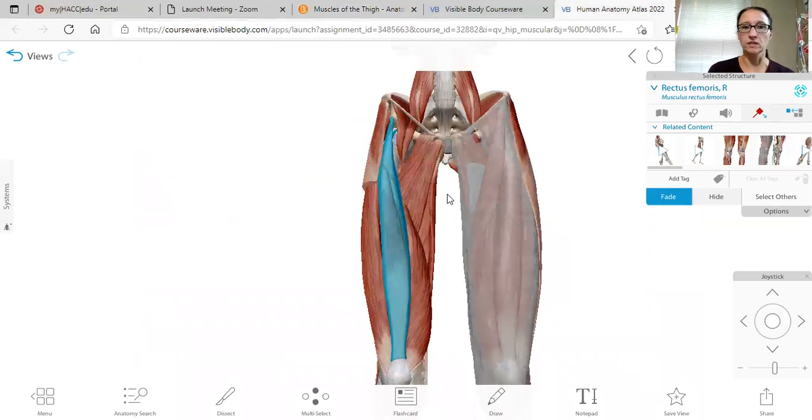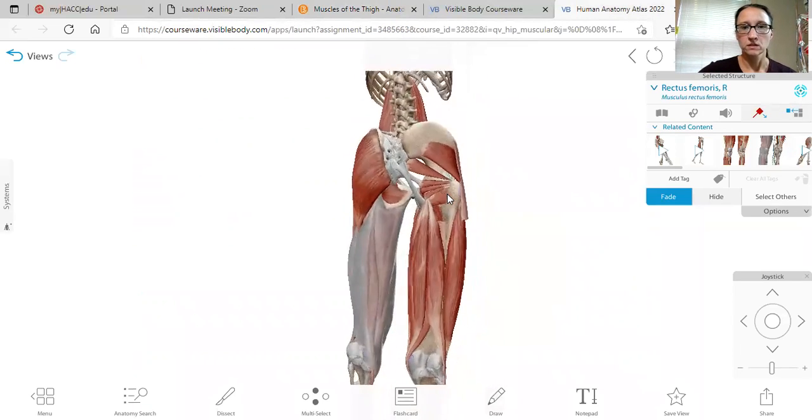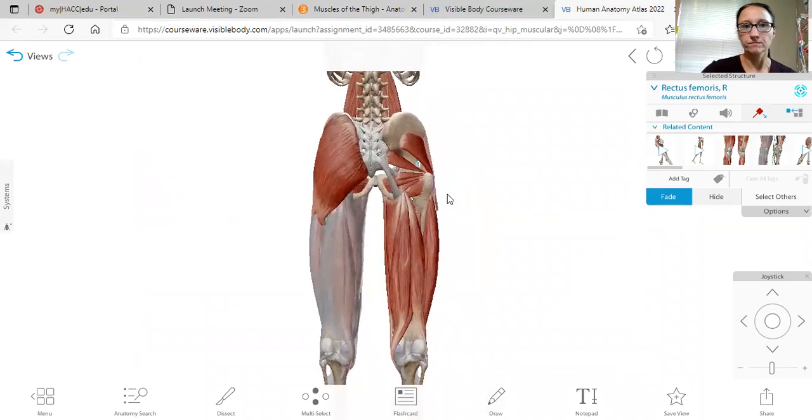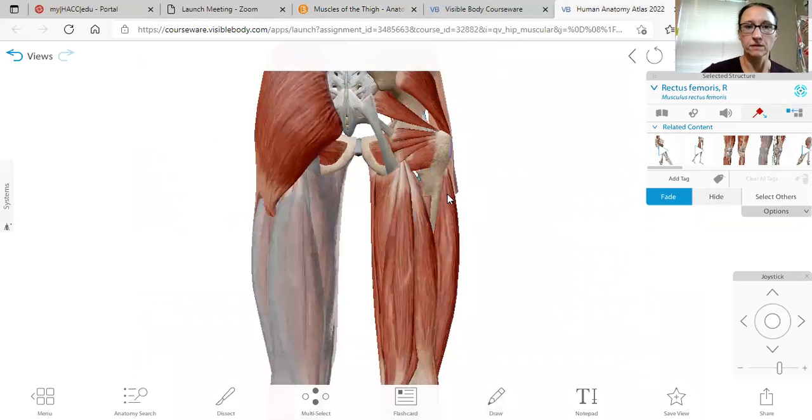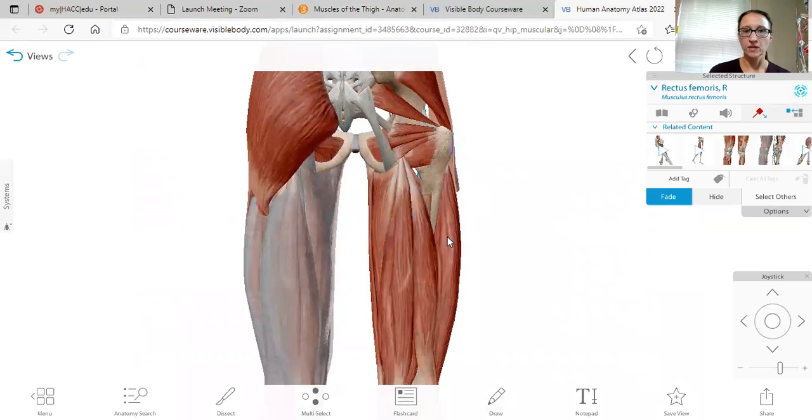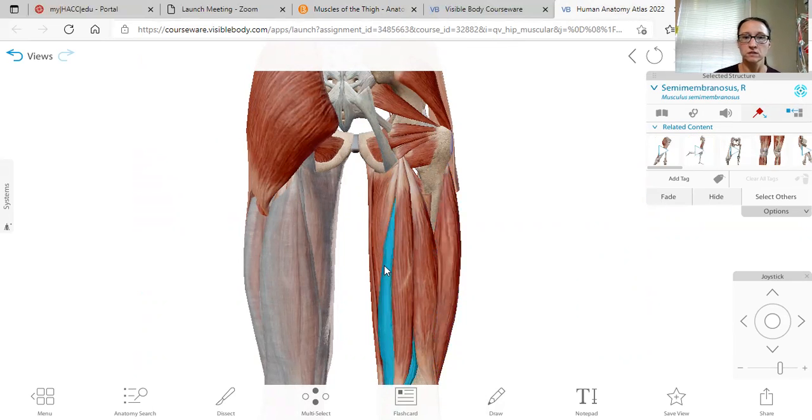So let's take a look at these. I'm going to turn this guy around. There we are. Okay. So again, here's vastus lateralis, right? It's a whole lateral side. Here is adductor magnus. Okay.